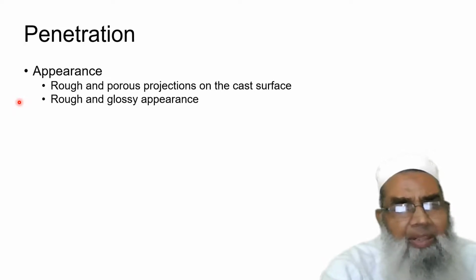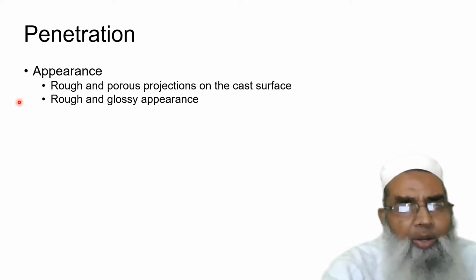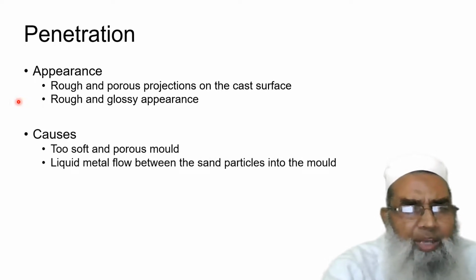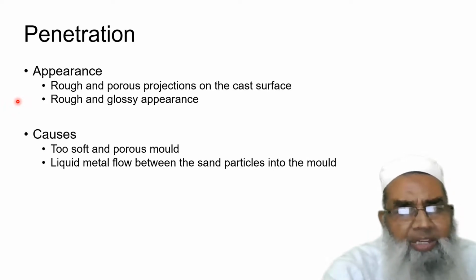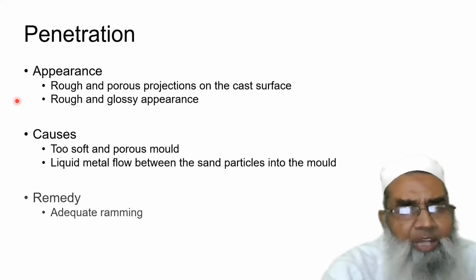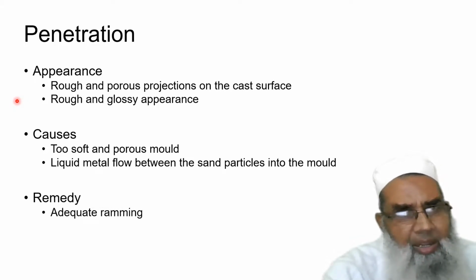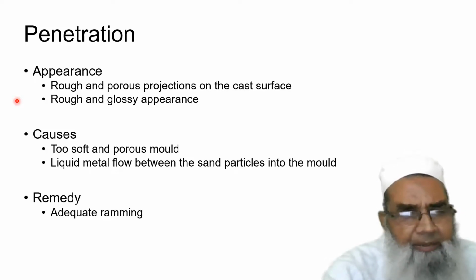If the metal reacts with the sand, then it gives a rough and glossy appearance. It happens only because of a too soft or porous mold, or liquid metal flowing between the sand particles into the mold, and therefore we can avoid it by having adequate ramming.